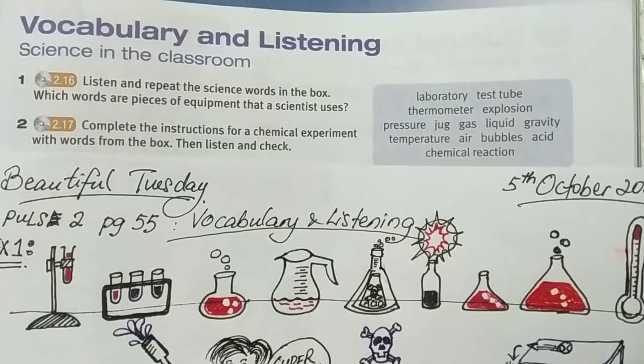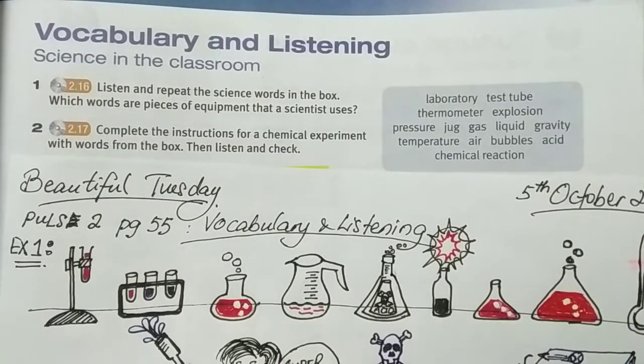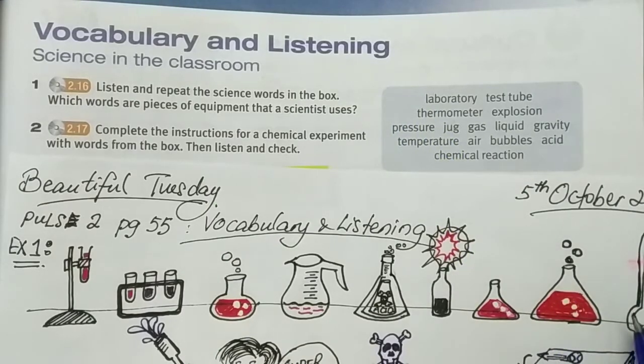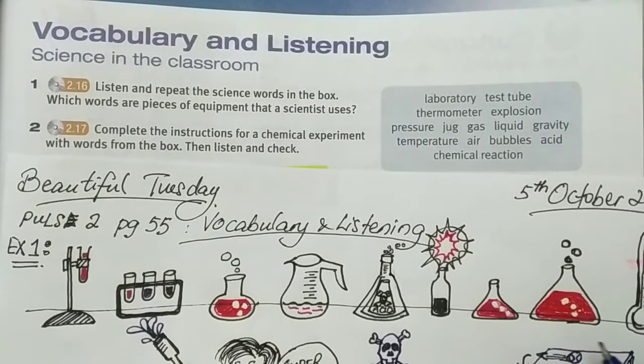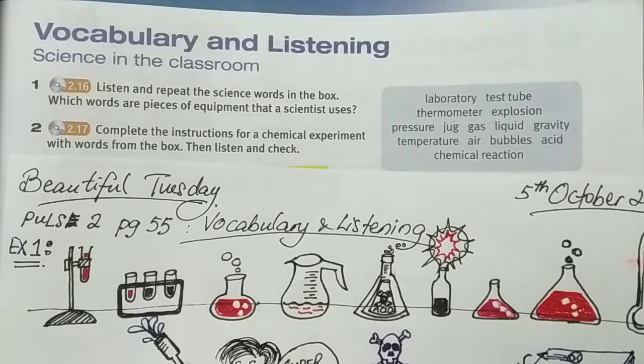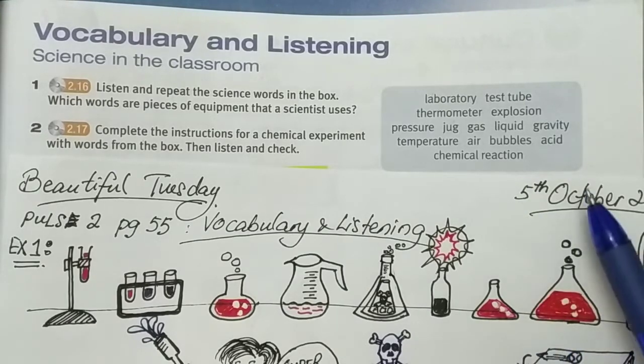On page 55, here's the page, vocabulary and listening, science in the classroom. For exercise 1, listen and repeat the science words in the box. Now let's read out the words here.